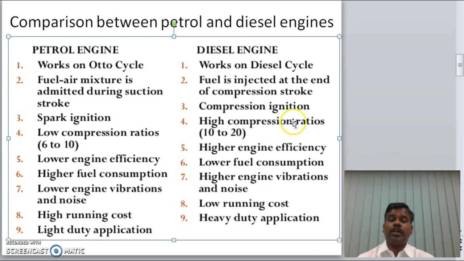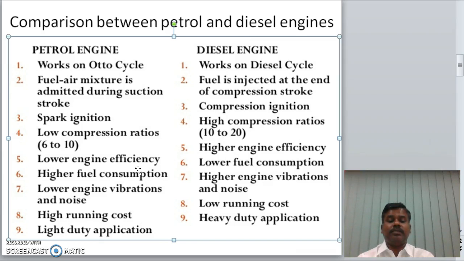This is the reason why heavy vehicles run on diesel. The weight per power ratio is higher for a diesel engine. The petrol engine has very low efficiency and the diesel engine has higher efficiency, in terms of the amount of calorific value given to the engine and the power produced.